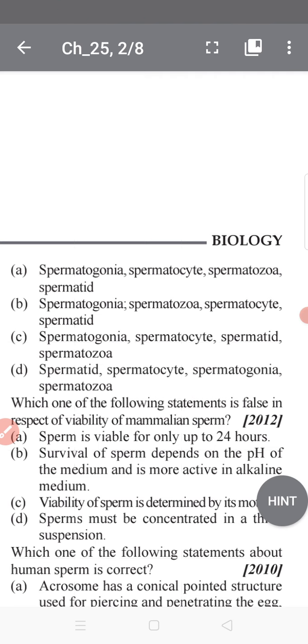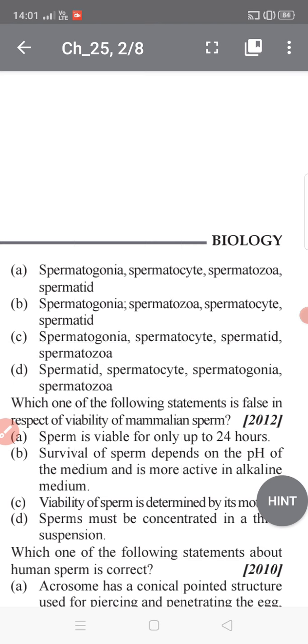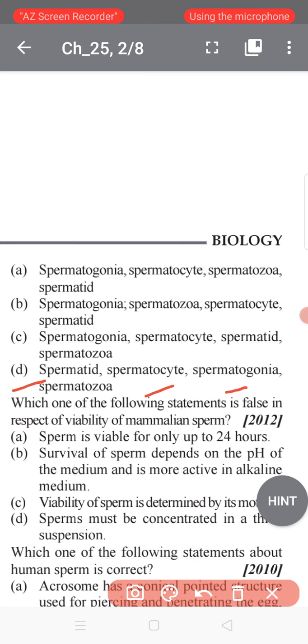Some spermatogonia, known as primary spermatocytes, divide by meiotic division to form secondary spermatocytes. The secondary spermatocytes undergo the second meiotic division to produce spermatids, which are transformed into spermatozoa. A spermatozoon is also known as a sperm, by the process called spermiogenesis. So the best option is spermatogonia, spermatocyte, spermatid, then spermatozoa or sperm.